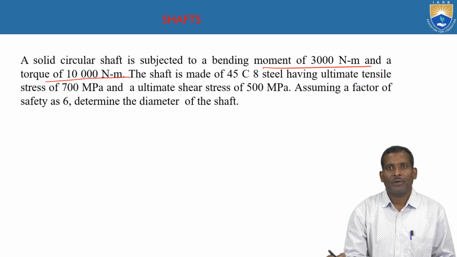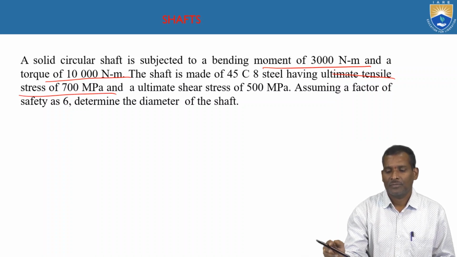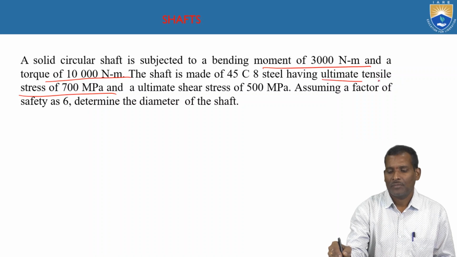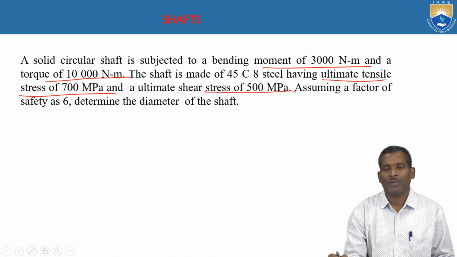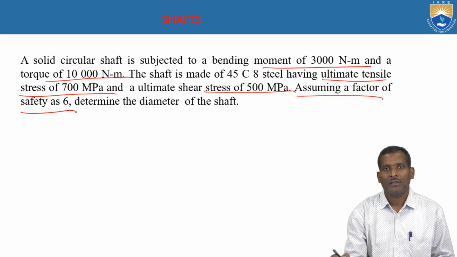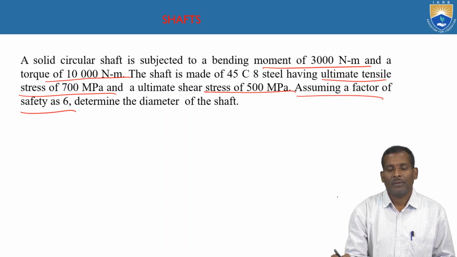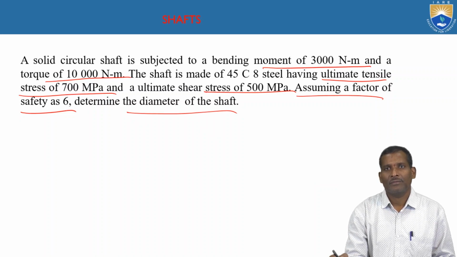The shaft is made of 45C8 steel having an ultimate tensile stress of 700 megapascal and an ultimate shear stress of 500 megapascal. Assuming a factor of safety of 6, determine the diameter of the shaft. So how to find the diameter?